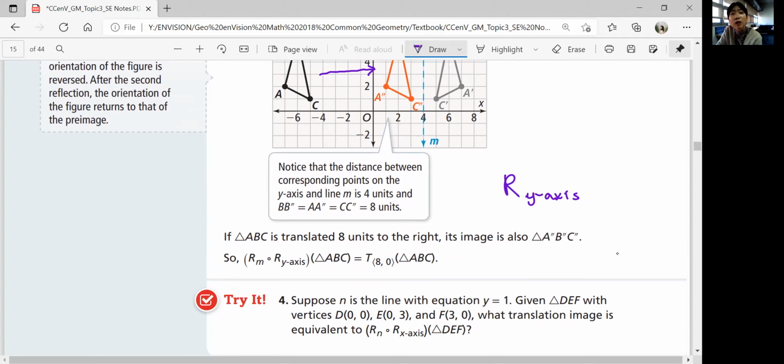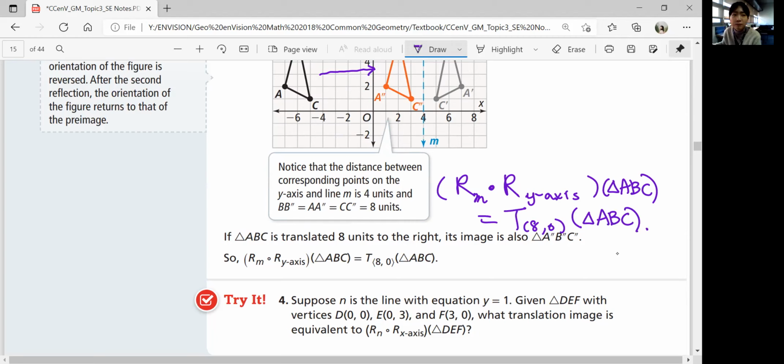That's performed first, but for reflection, whatever you write first would be performed last. Times your original figure should equal a translation 8 units to the right of your same pre-image. Okay, so that's what these symbols mean.